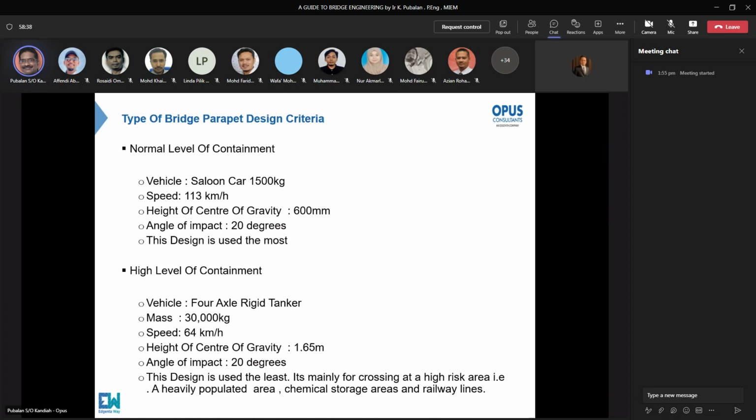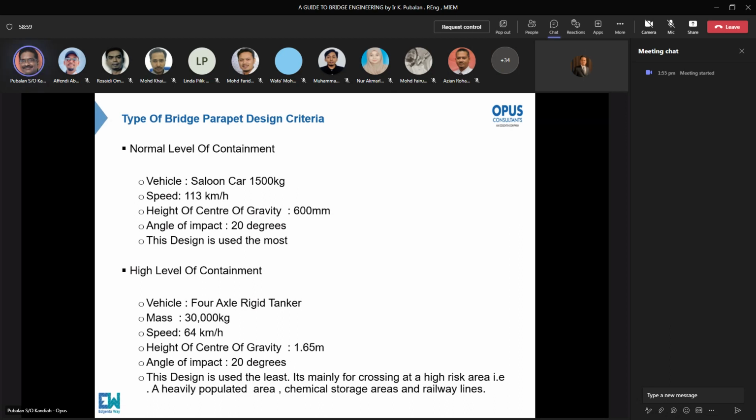Angle of impact is 20 degrees. Okay. So high level containment, this design is used the least. It is mainly used for crossing at a high risk area. For example, a heavily populated area, chemical storage and railway lines.